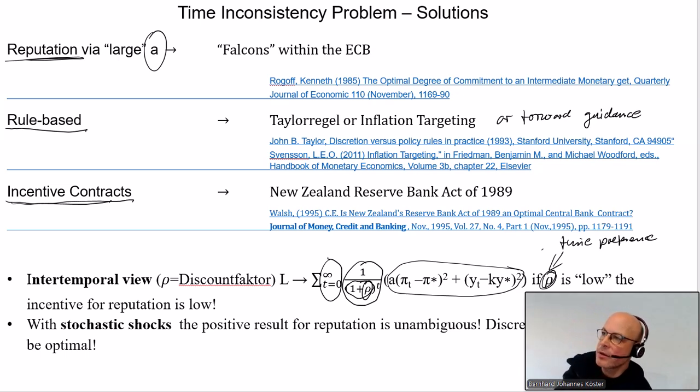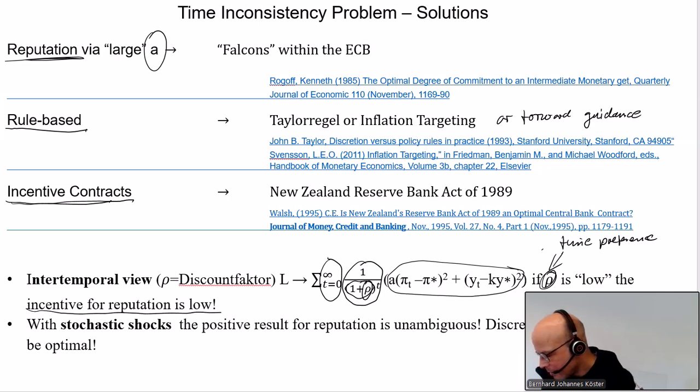So we do not have a very large discounting effect in our view. And this would also mean that the incentive to have a reputation would be quite low, because we were focusing only on today.